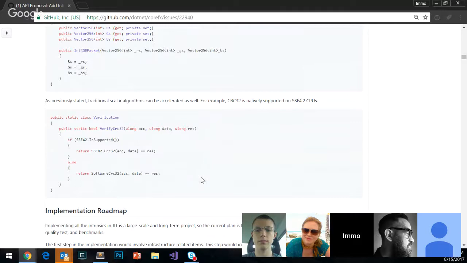For example, CRC is a fairly common thing you probably should have a software fallback for. But we also said it probably shouldn't live on the types. It probably should be a completely disjoint VCL type somewhere else. It just happened to be a good replacement for that intrinsic here. Otherwise, we sign up for too much work in the intrinsic space. So what we are saying here is software fallback should be on the developer. Yeah, if they want to provide it.